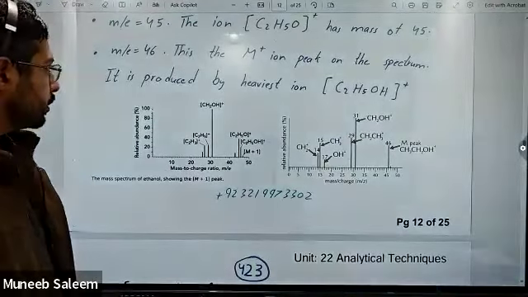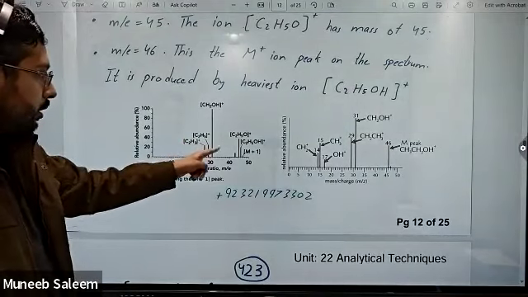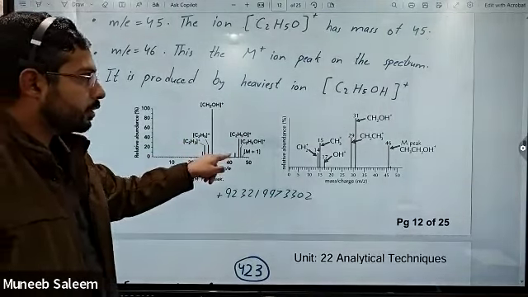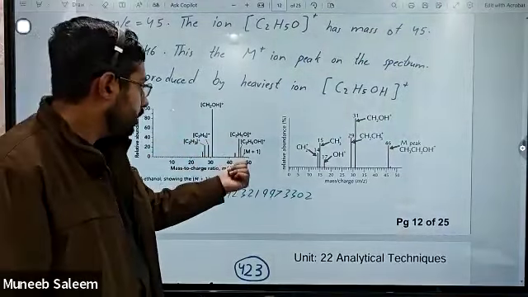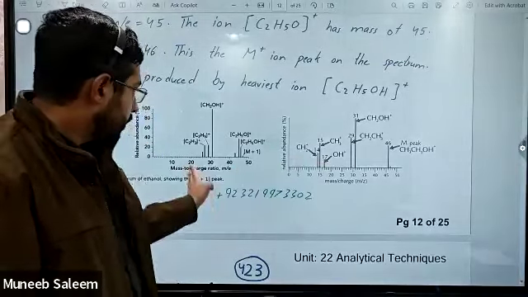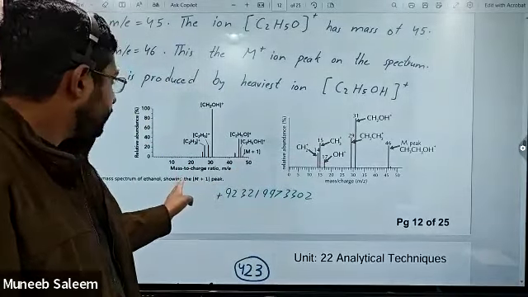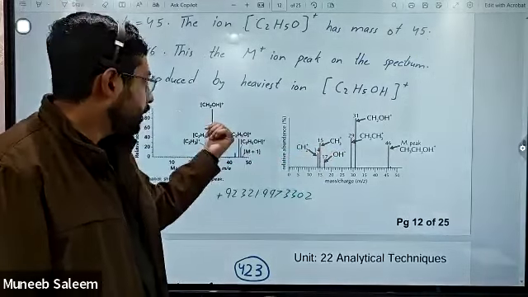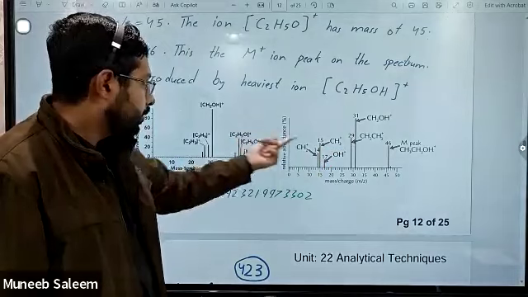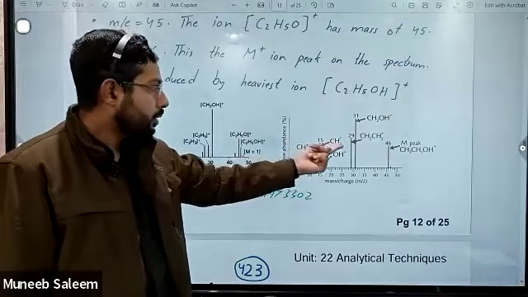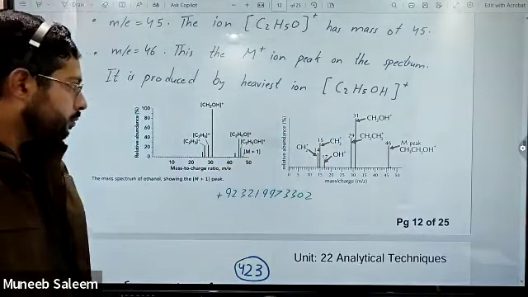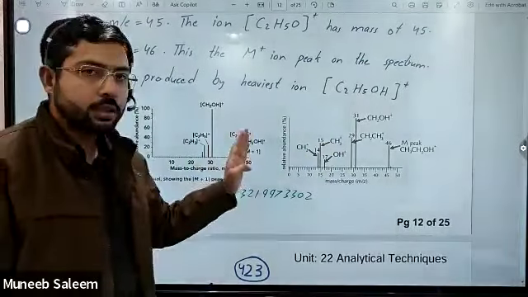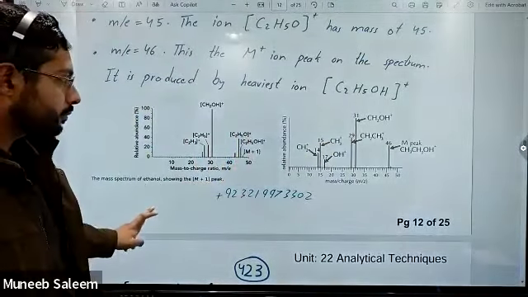Now over here we have again ethanol along with the representation of the M+1 peak. These are also ethanol spectra. Over here they are showing the values, and over here they are showing the fragments, so you can compare which point is produced by fragmenting the ethanol molecule.